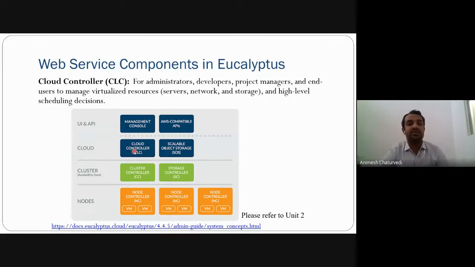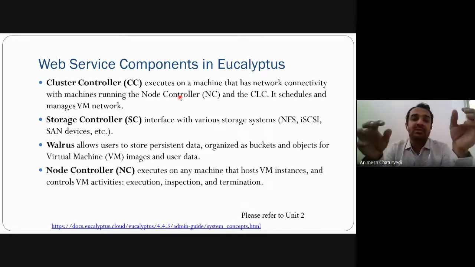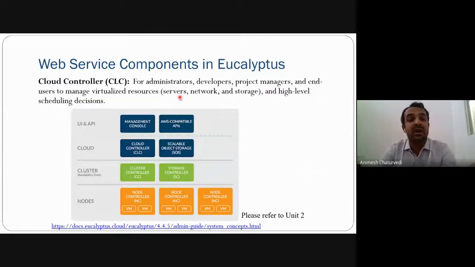Then we'll discuss the cluster controller. The cluster controller manages various running nodes that are connected together and controlled singly by the node controller. So the cluster controller manages the node controller. It can communicate with the network controller, and further the cluster controller communicates with the cloud controller.